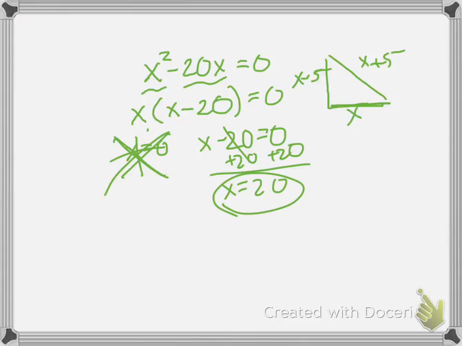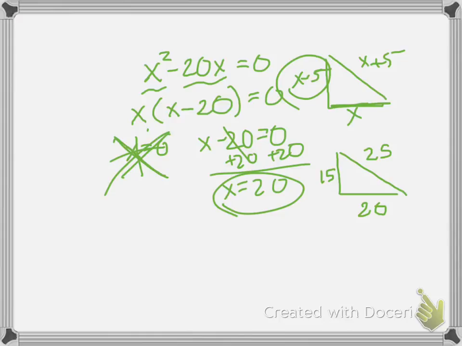I can check it, because if x is 20, that means this side is 20. It means this side is 25, because this side was x plus 5. And it means this side is 15, because that side was x minus 5, and 20 minus 5 is 15.